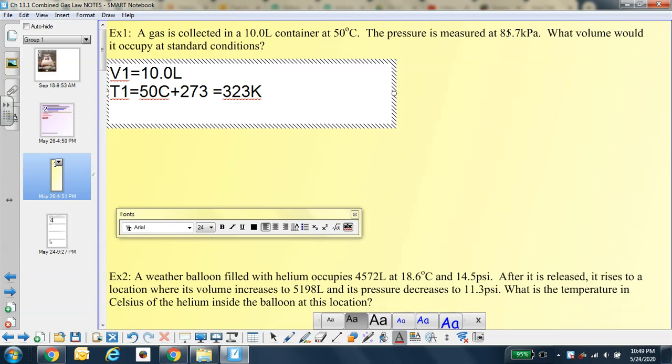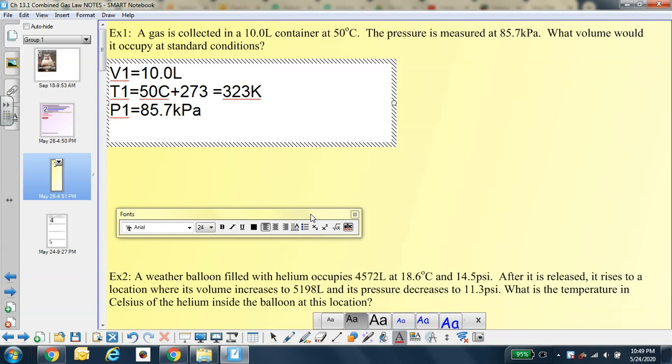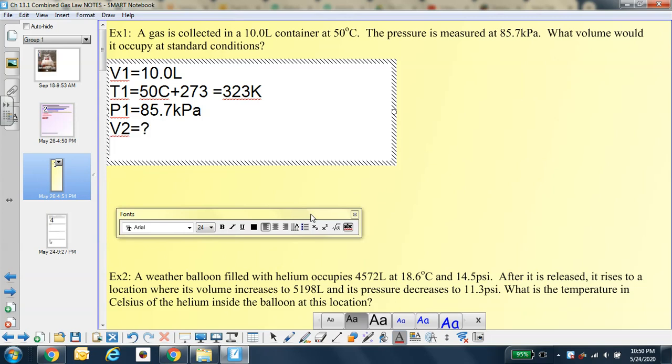Pressure is measured at 85.7 kPa. What volume would it occupy at standard conditions? So that's what we're solving for.